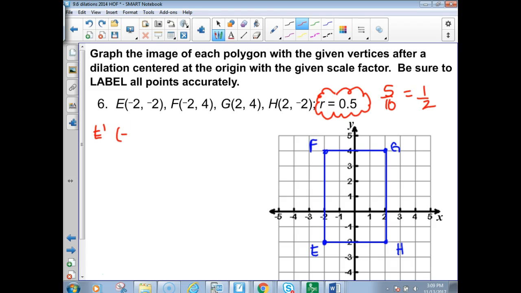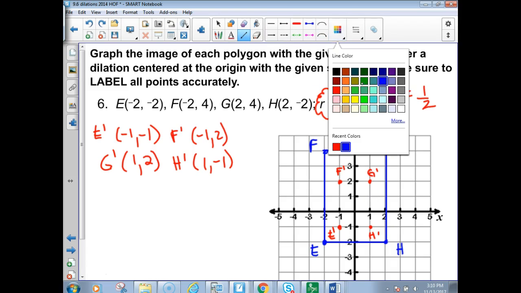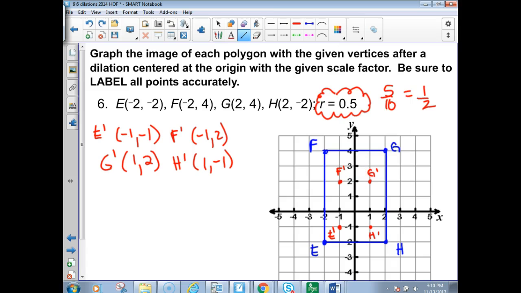So E prime should go to -1, -1. F prime should go to -1, 2. G prime should go to 1, 2. And H prime should go to 1, -1. Shrinking towards the origin.